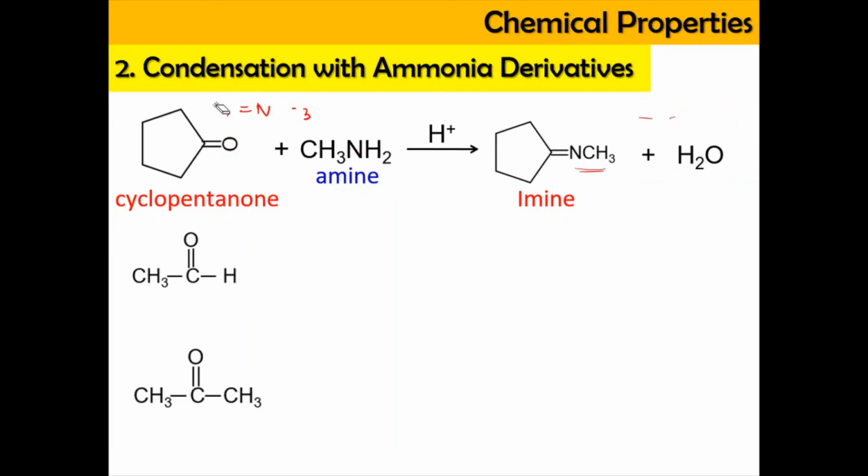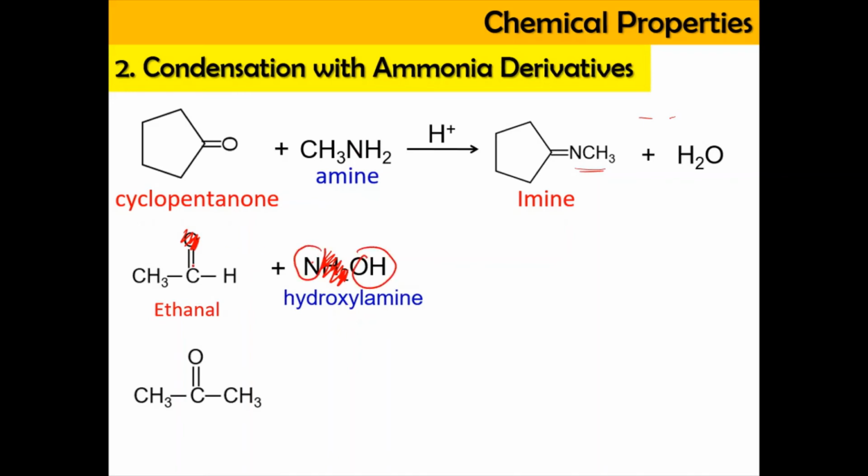Okay, now we're going to look into the second example down here, which is our ethanal. So when it reacts with hydroxylamine, as mentioned, we're going to remove two hydrogens and one oxygen here. Okay, and what's balanced is NOH.